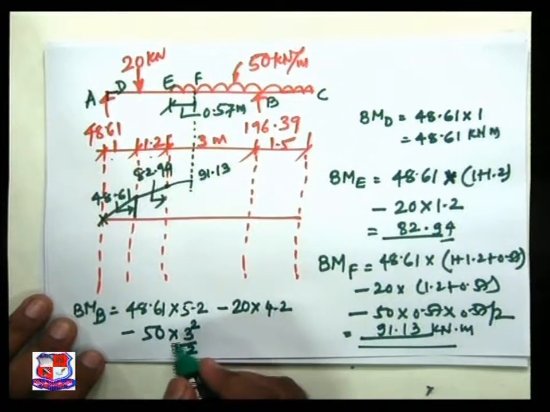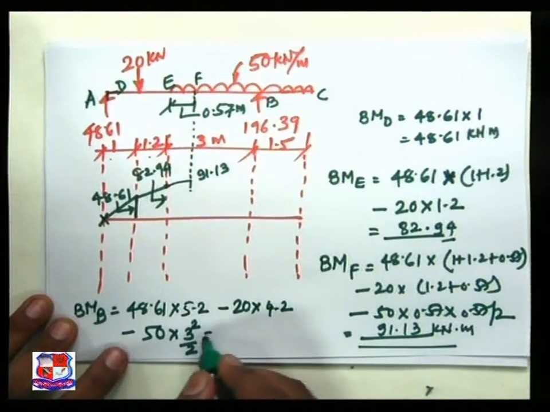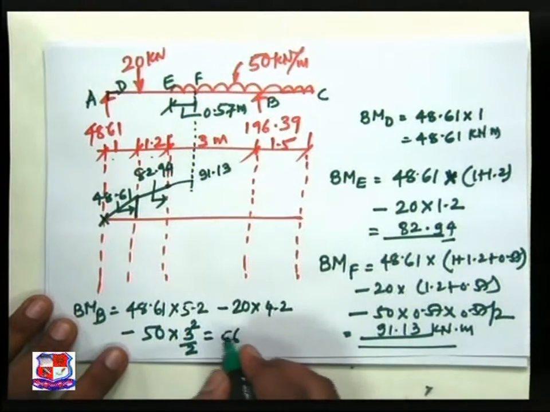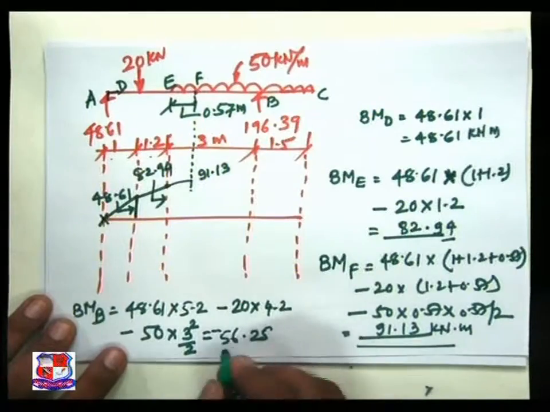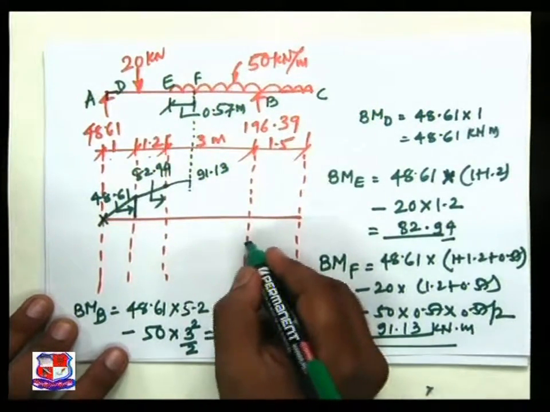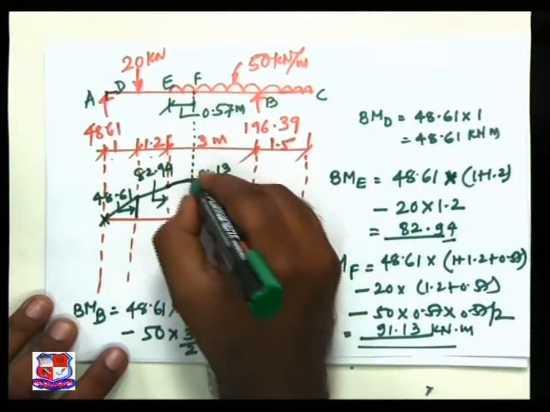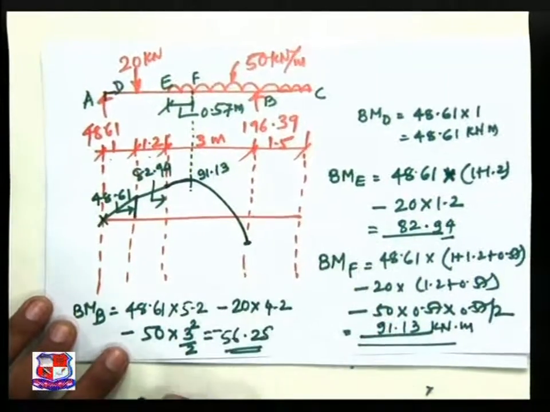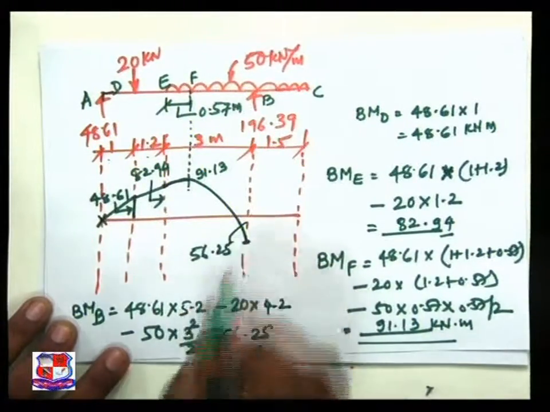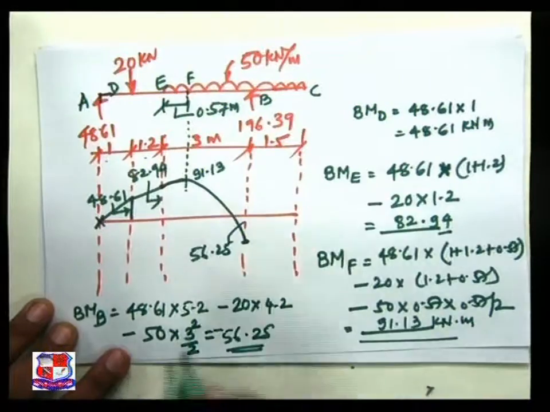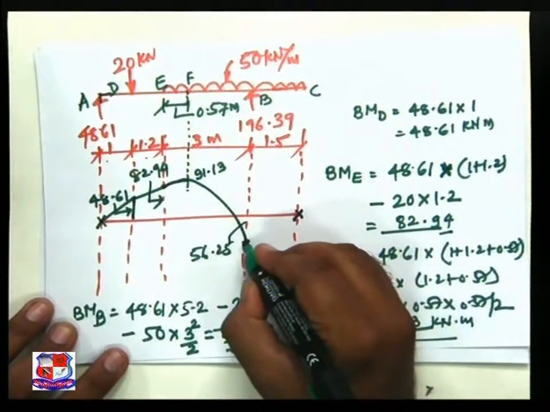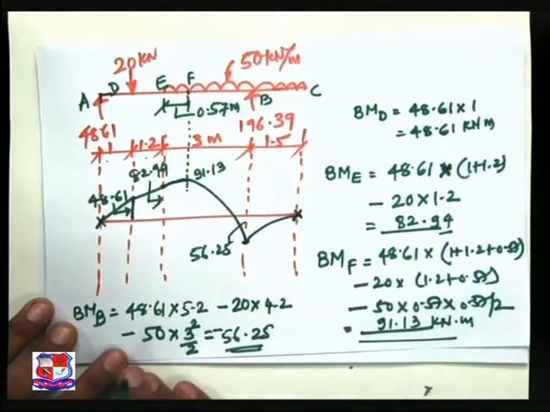Why 3 square? 50 into 3 into 3 by 2, and we get 56.25 with a minus sign. Minus sign means it is below baseline, 56.25 over here, and this has been joined by parabolic nature. This ordinate is of 56.25. At C, obviously it is 0. We know in the previous case it has been joined like this.